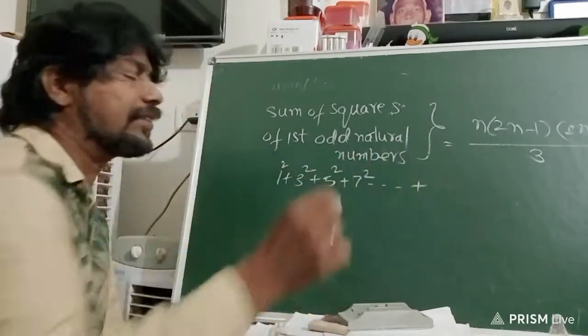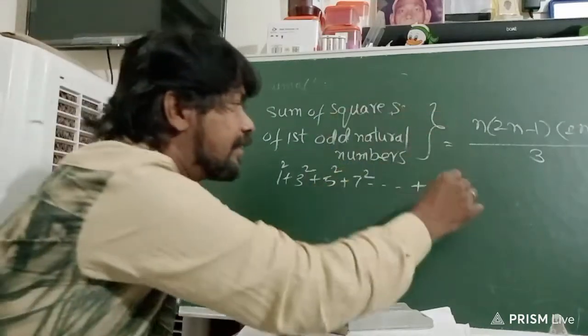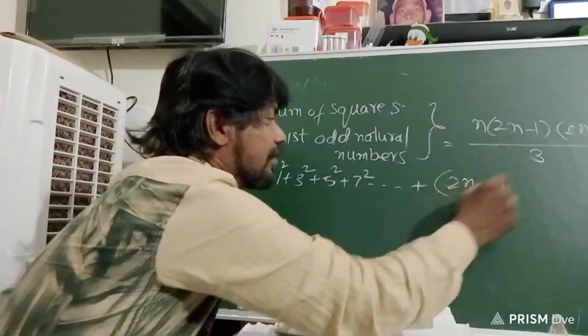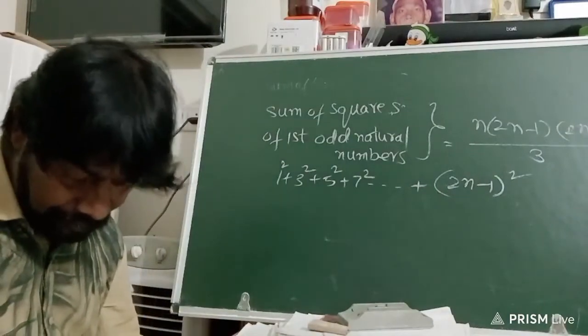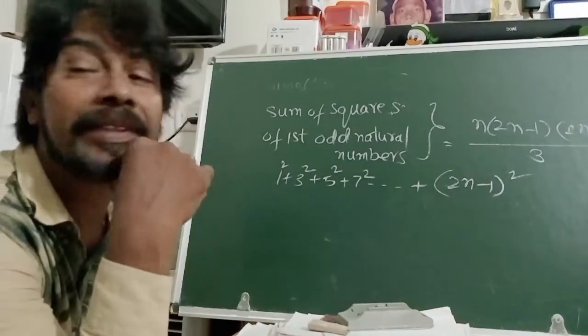So what will the last number be? That is 2n minus 1 also. The last number is 2n minus 1.